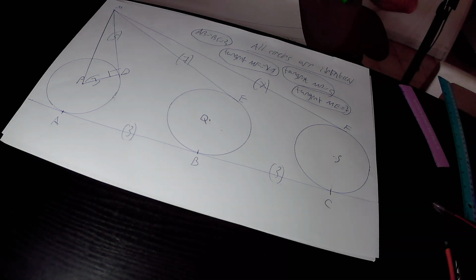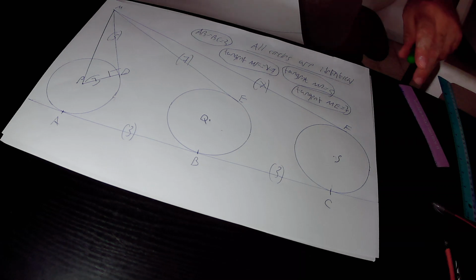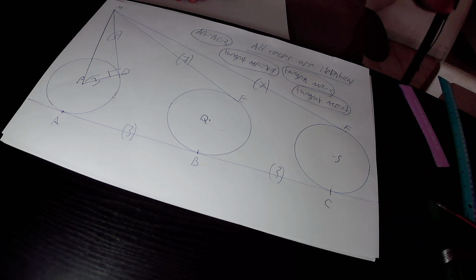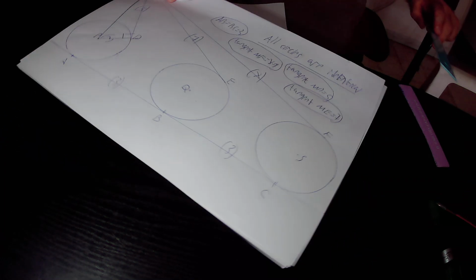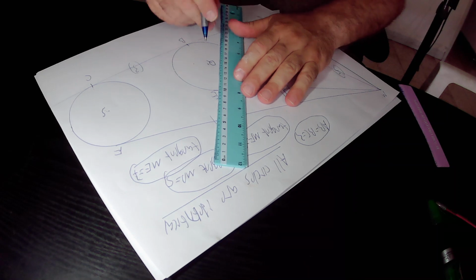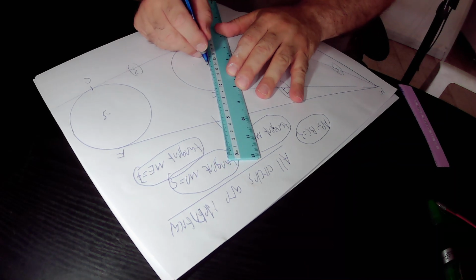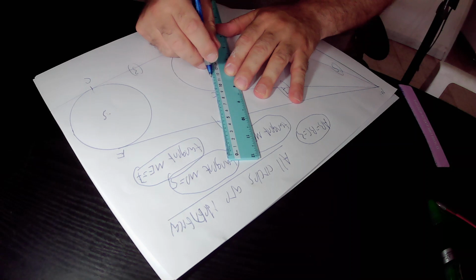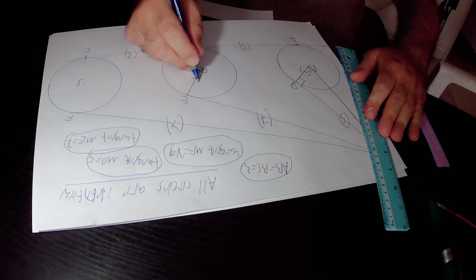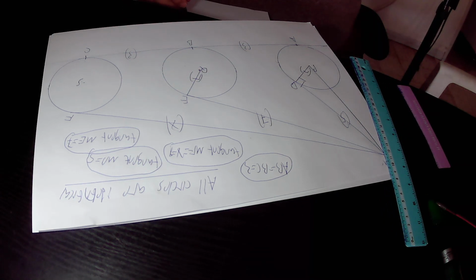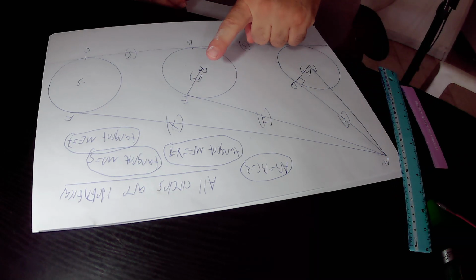We repeat the same process on this middle circle. That is to say, we will join points Q and E together by a straight line. QE is of course the radius of this circle that is equal to R, and the radius QE is drawn to point E, that is the point of tangency of tangent ME with this circle.